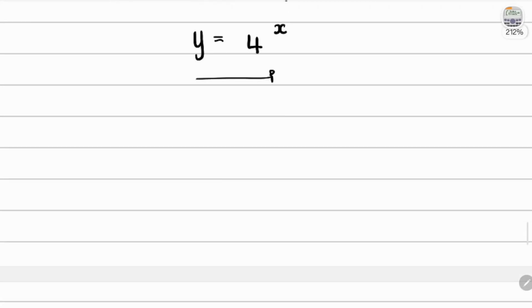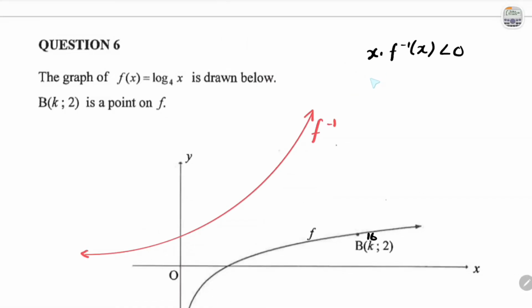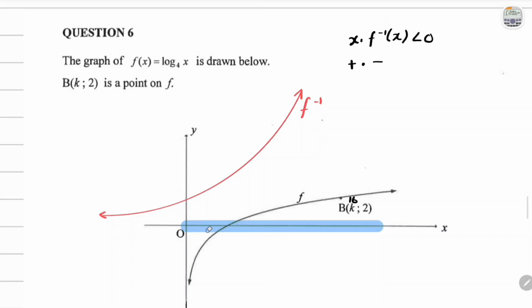So let's see where this happens on our graphs. Where do we have positive x values and at the same time negative y values for that inverse? Since they're specifically x values, you can look at the x-axis. Where do we have positive x values? We have positive x values over here. For these same x values, the y values of the inverse need to be negative.